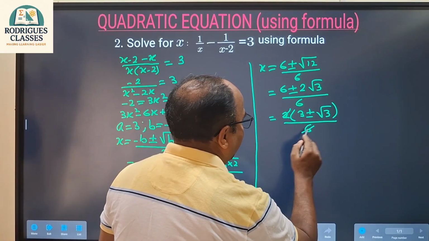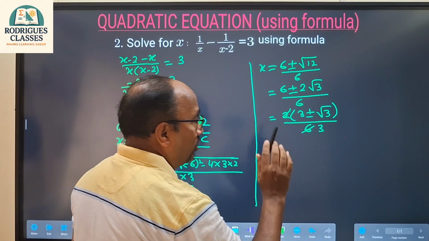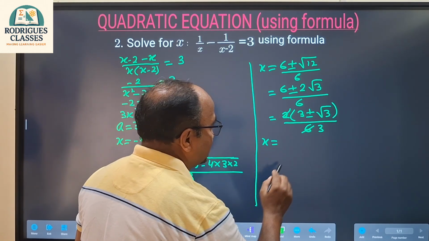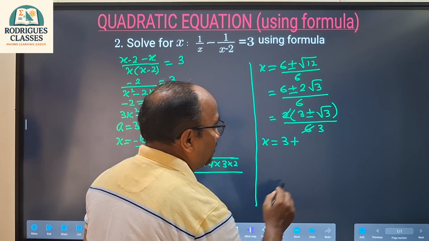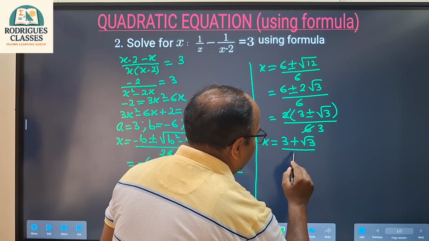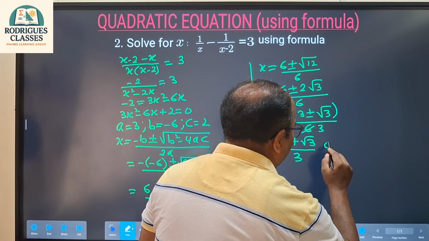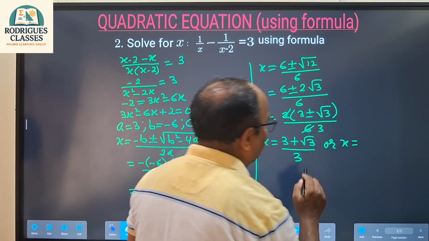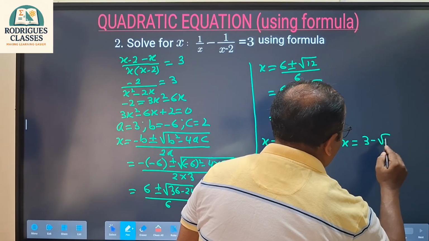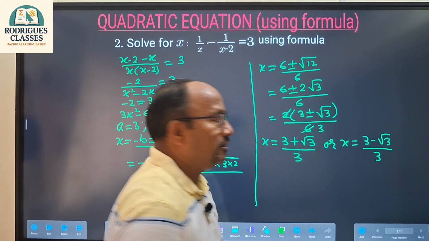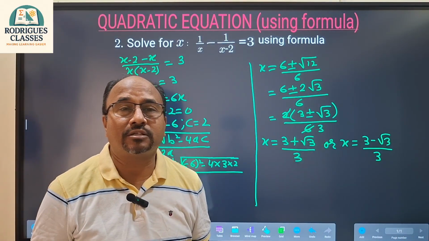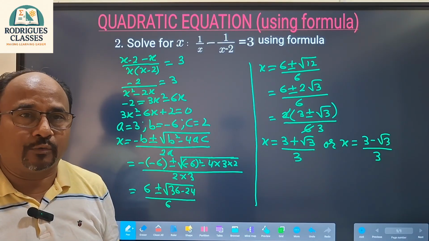So this is cancelled. So finally all reduction done. We can go for the answer now. 3 first time taking plus sign, root 3 by 3, and the second part with the minus sign, 3 minus root 3 by 3. So these are your answers for this particular quadratic equations.